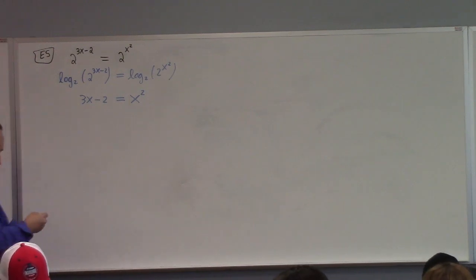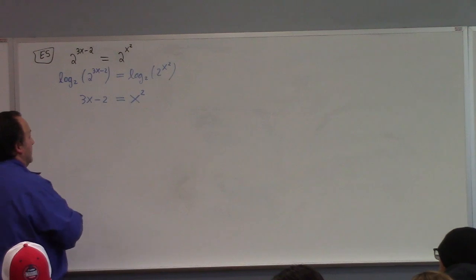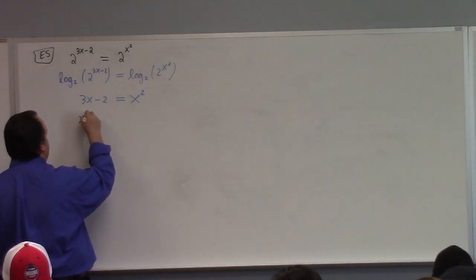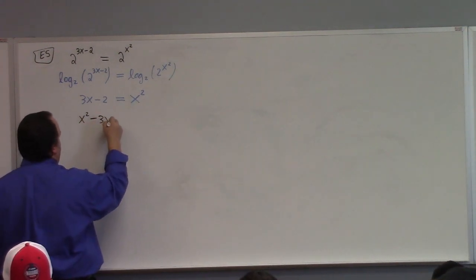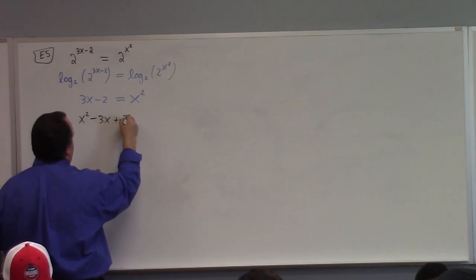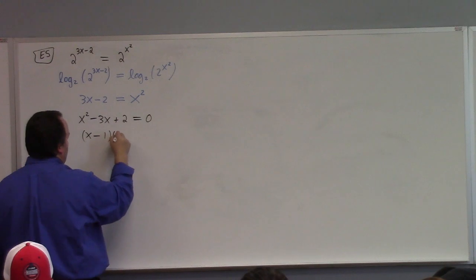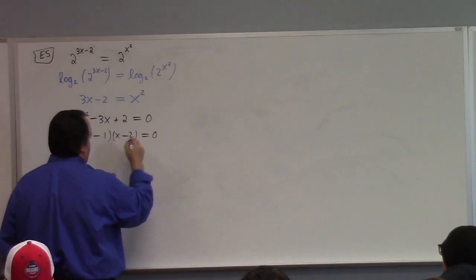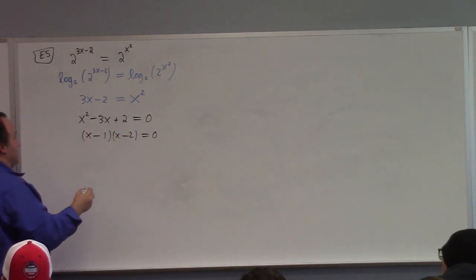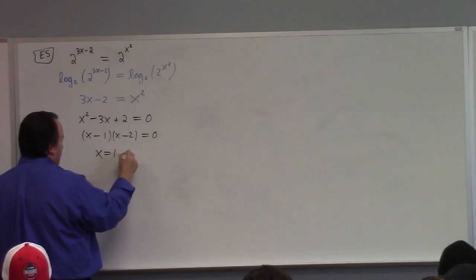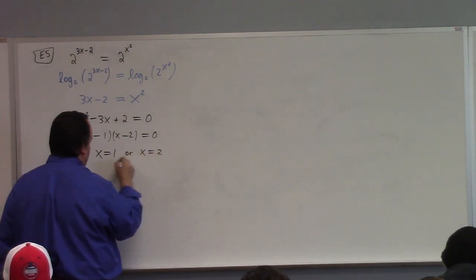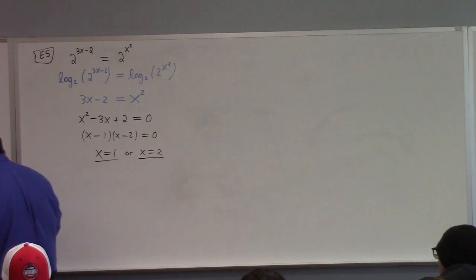Once you get here, then you know what to do. Put all your x's on one side. Obligatory Taylor Swift joke. Let's see here. x minus 1, x minus 2 equals 0. And solutions are x equals 1 or x equals 2, right? Hooray!